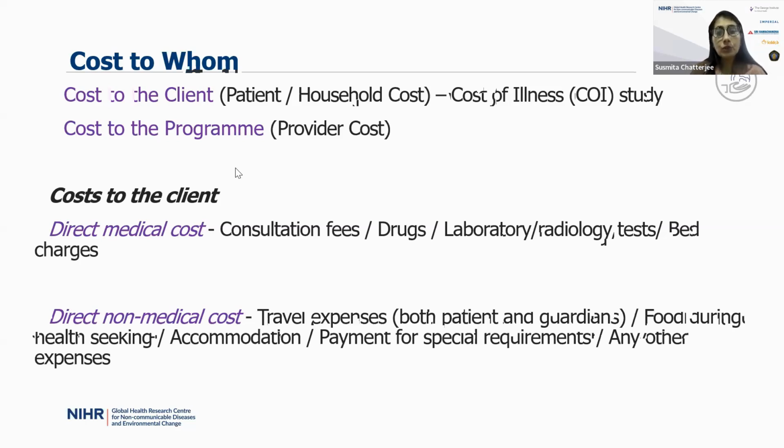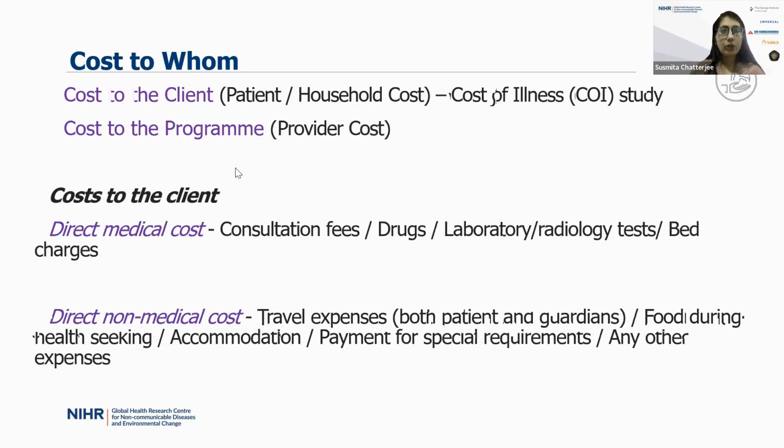Those are payments made through money for the patient or the household member, but not really directly medical. It's related to the illness, but it's not directly medical like consultation and drugs. This is direct medical, right?